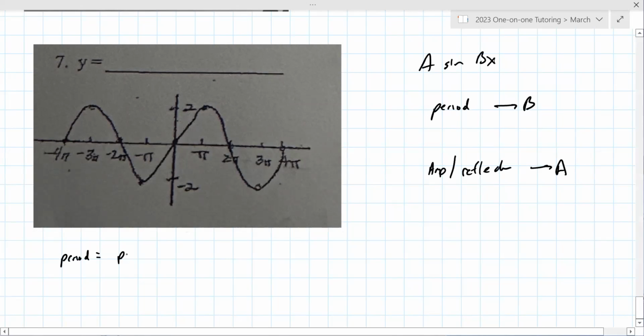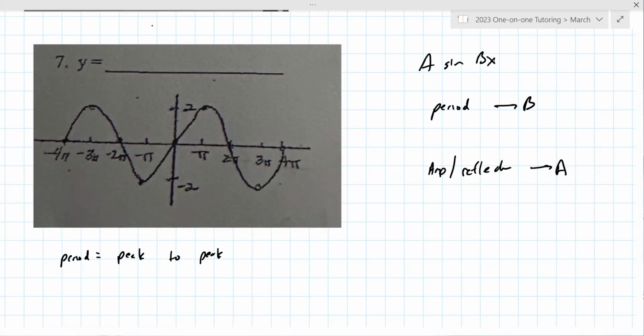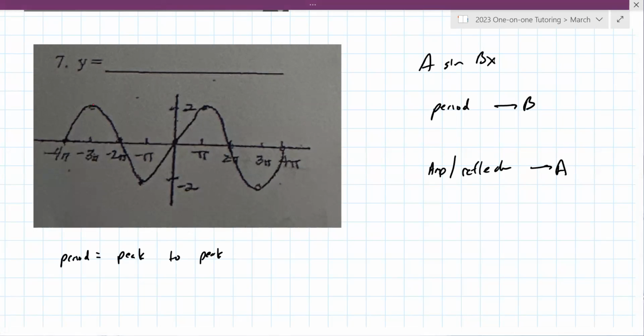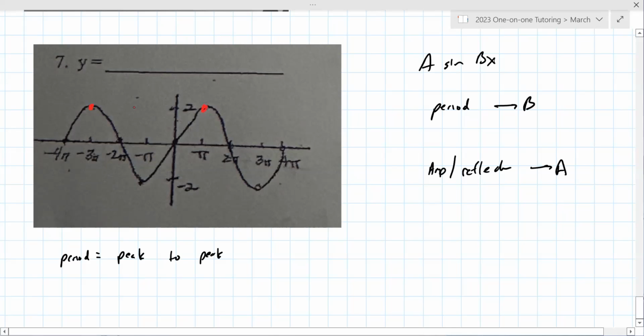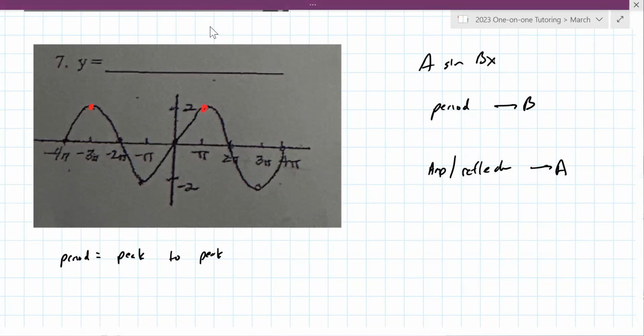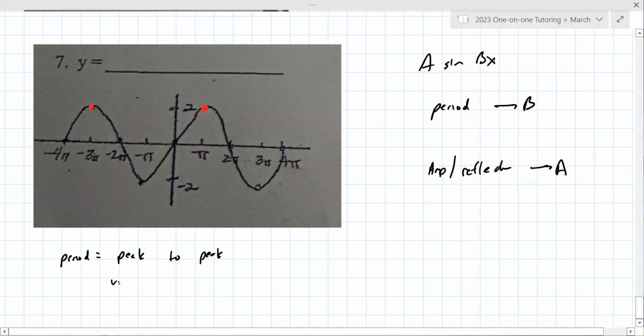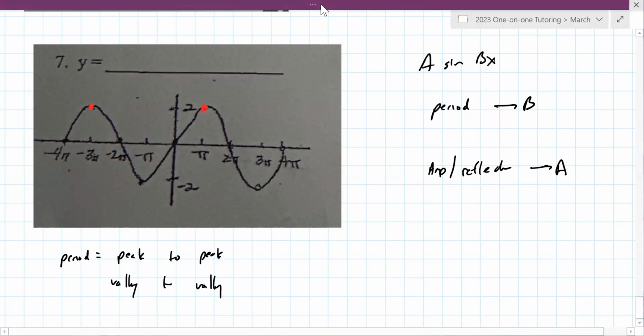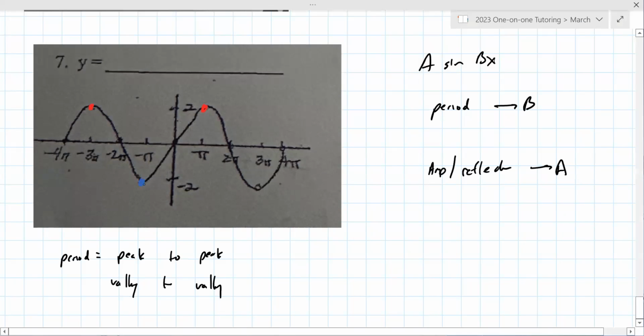you either look at it as peak to peak, so for example, from this red point to that red point. You can also look at it as valley to valley. Valley to valley.